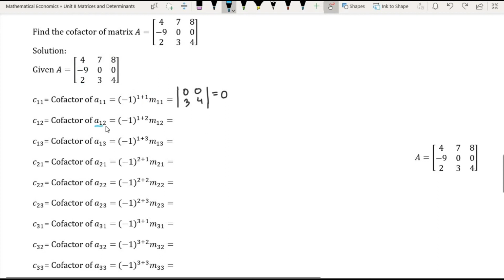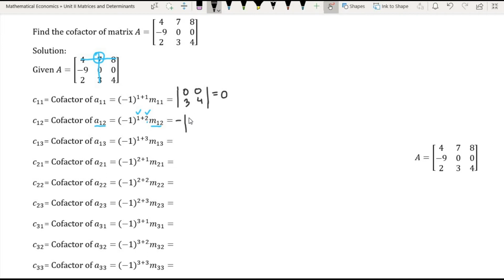The cofactor of A12, that is element 7, is equal to -1 to the power 1 plus 2 times its minor. Element 7 is present in the first row and second column. Since its sum is equal to an odd number, therefore we have a negative sign. M12 is obtained by deleting the row and the column in which element 7 is present.